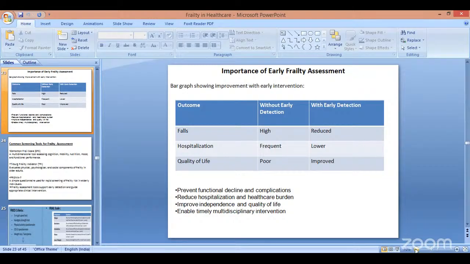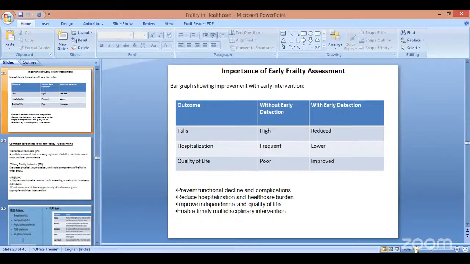Hospitalization is seen more frequently without early detection, whereas with early detection, hospitalization is reduced. Quality of life improves with early detection, but without early detection, they have a poor quality of life.